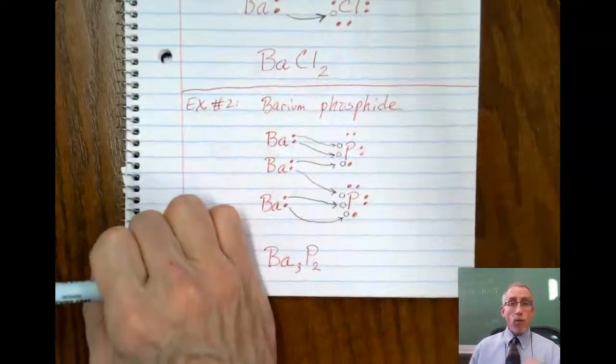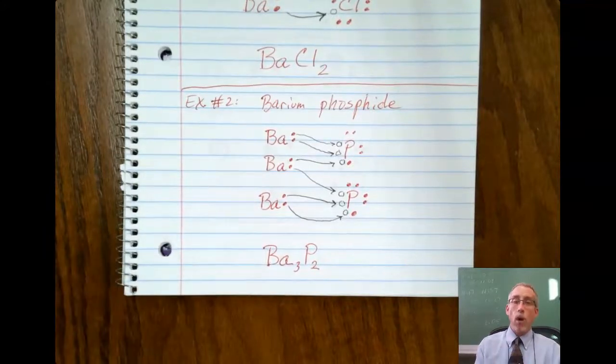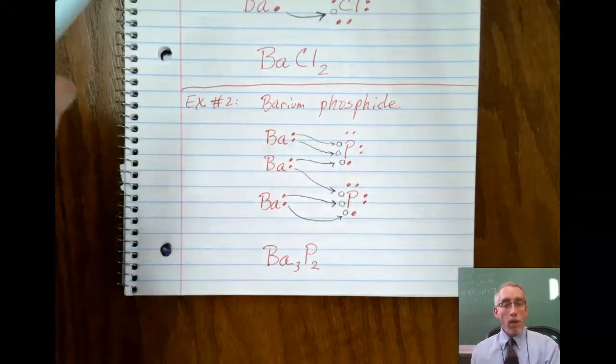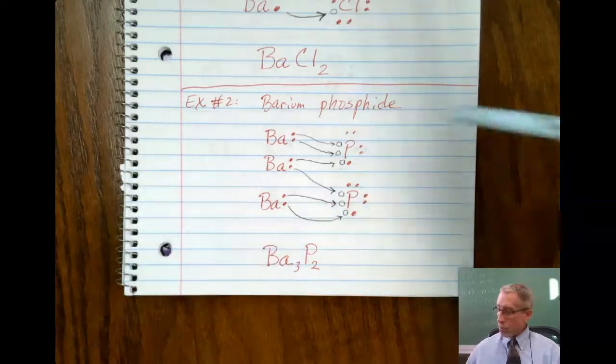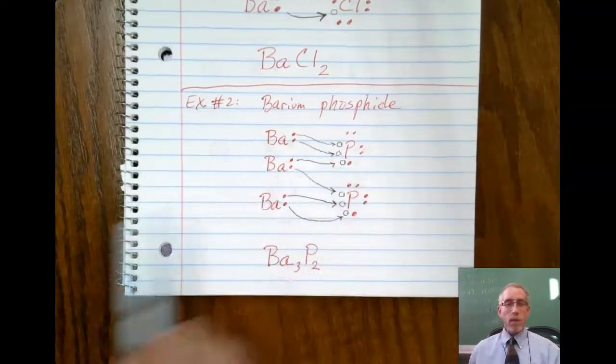Barium and phosphorus, a little bit more complicated, because phosphorus is not looking for one, but it's looking for three additional electrons. It's in group 15, which means it has 5 outer electrons, which means it's just 3 short of being full. Well, barium doesn't have 3 to give away, so it's going to take multiple barium atoms to make phosphorus happy. So 2 from one atom, and then it can take 1 more from a second atom.